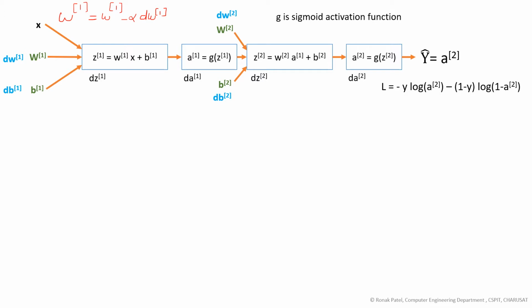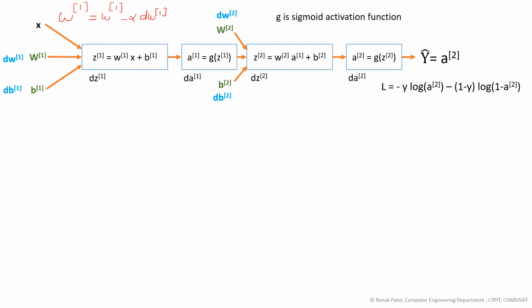So let's see how to find these derivatives, right? How we'll calculate these values. Here dA2, dZ2, dW2, dB2 are all derivatives with respect to that particular variable.